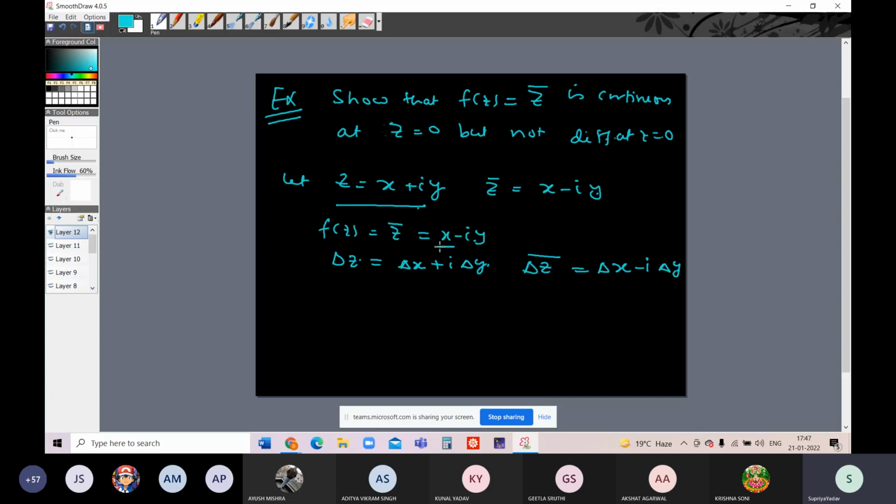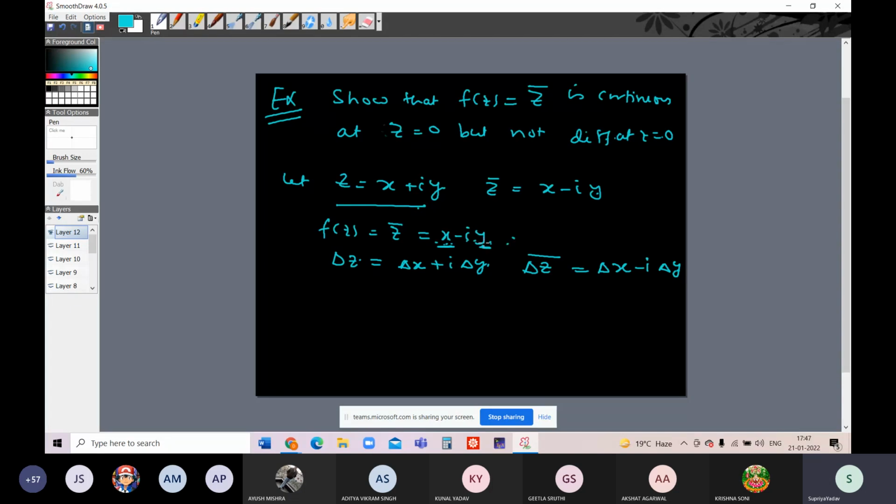If we are talking about the continuity of this function z bar, you can see that its real part is x and imaginary part is minus y. Both are real variables, and these variables are continuous everywhere, so their linear combination x minus iy is also continuous at every point. So if it is continuous at every point in the finite complex plane, it must be continuous at z equal to 0.